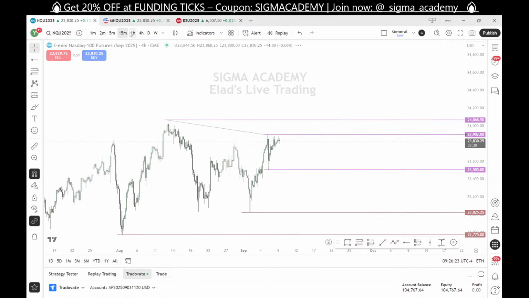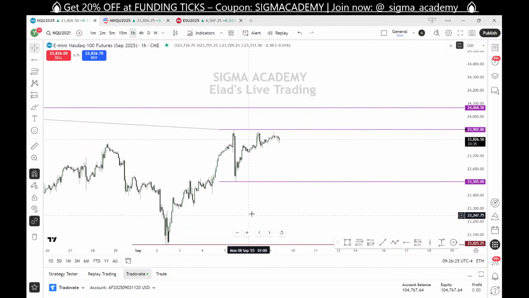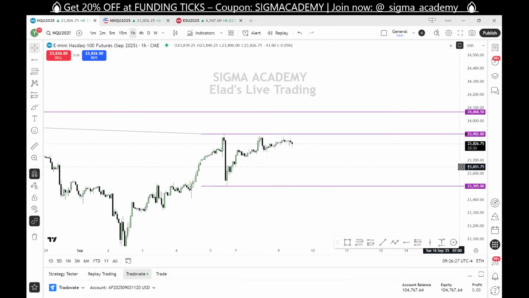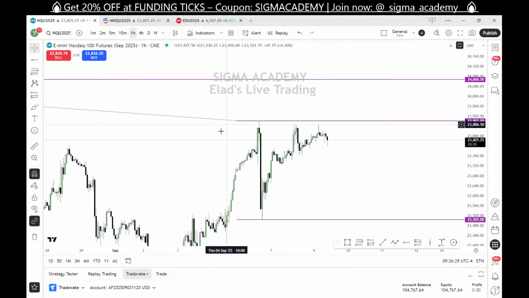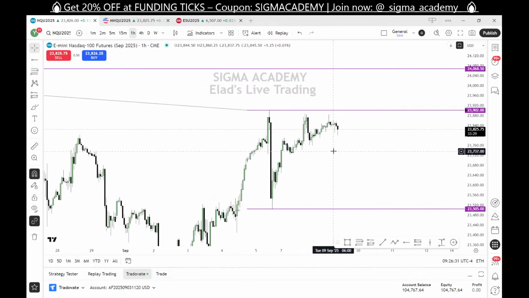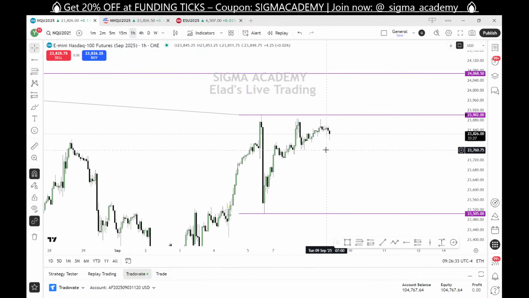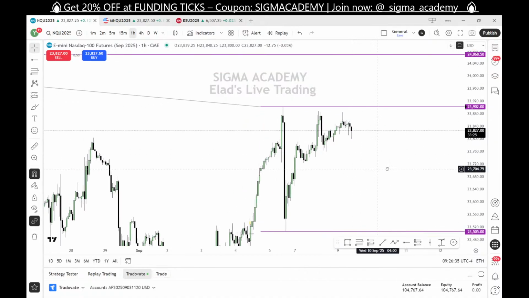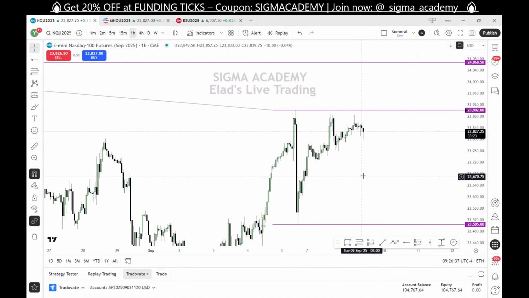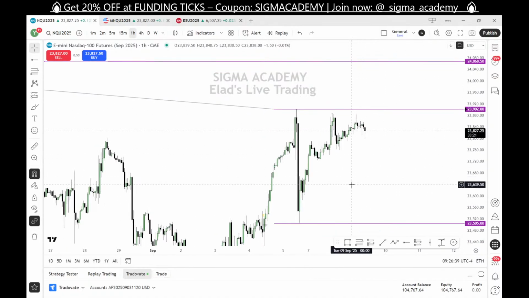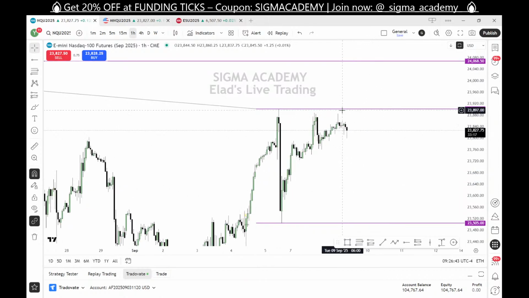So for now, on the 1 hour, we can see we have sort of a resistance right here. I don't like those concepts because it represents the retail traders. And I think opposite of the retail traders.